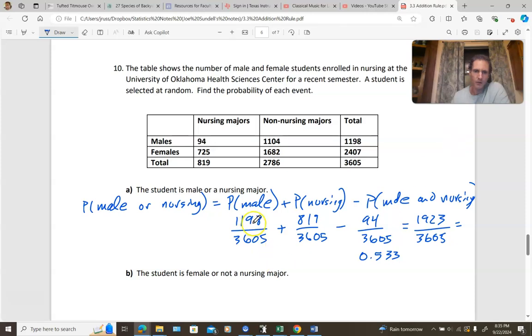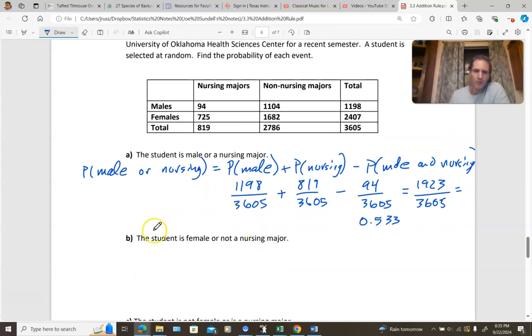Okay. Part B, the probability that the student is female or not a nursing major. All right, so this can be equal to the probability that the student is female.